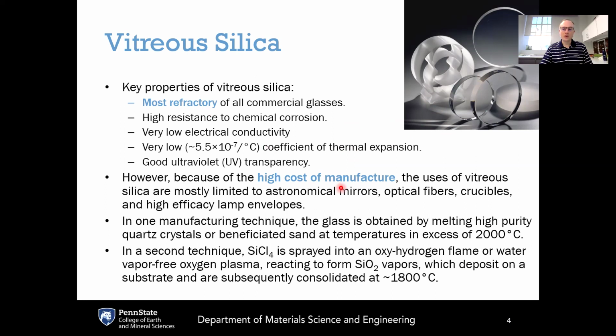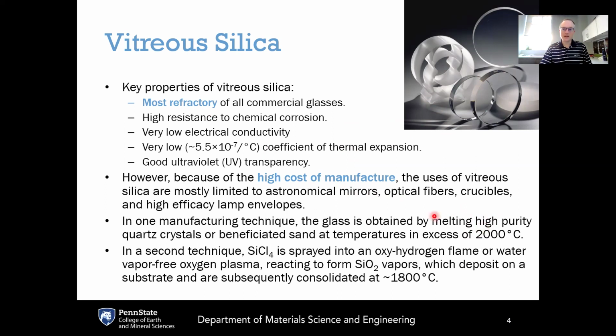Even though the raw material, SiO2, can be made from quartz sand, in order to melt the quartz sand, you need to get to temperatures above 1800 degrees C. And if you want to make it with good enough quality, the temperatures have to be in excess of 2000 degrees C. So because of this, it is very expensive to manufacture.